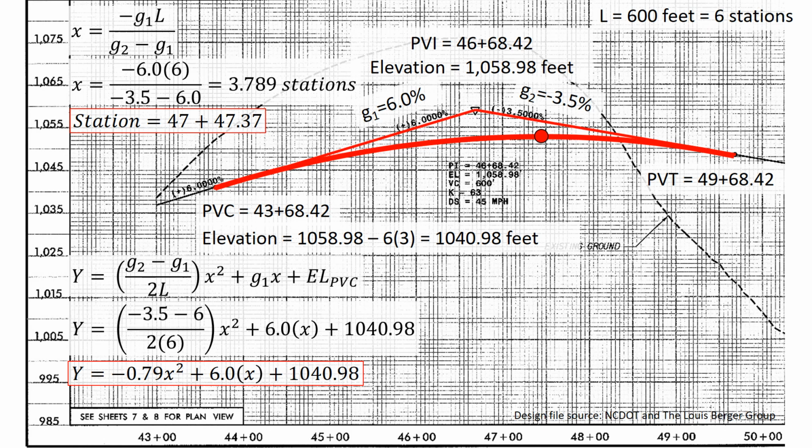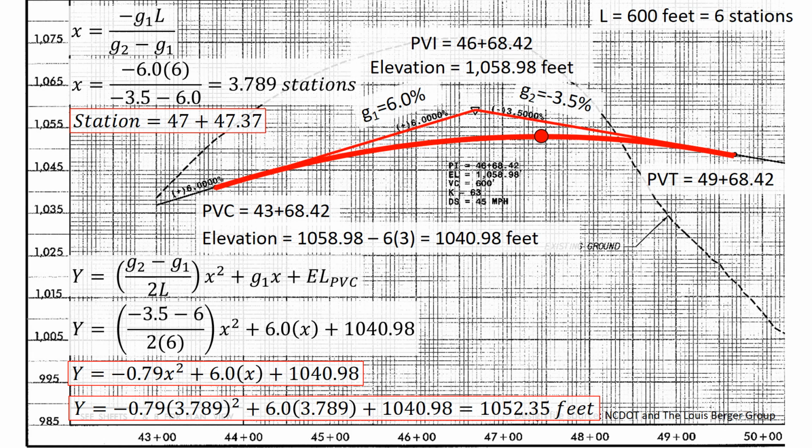We also have the station of the high point. The last thing we need to find is our elevation of the high point, and we can use our parabolic equation and our x value. So we're going to plug in 3.789 stations for x. So y equals negative 0.79 times 3.789 squared plus 6 times 3.789 plus 1040.98 equals 1052.35 feet.